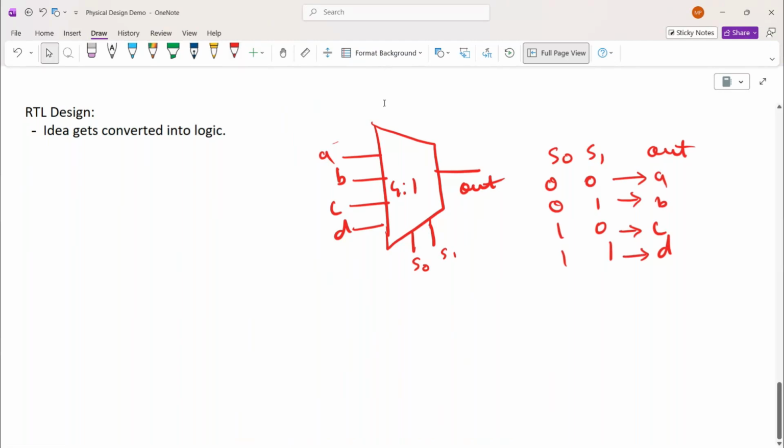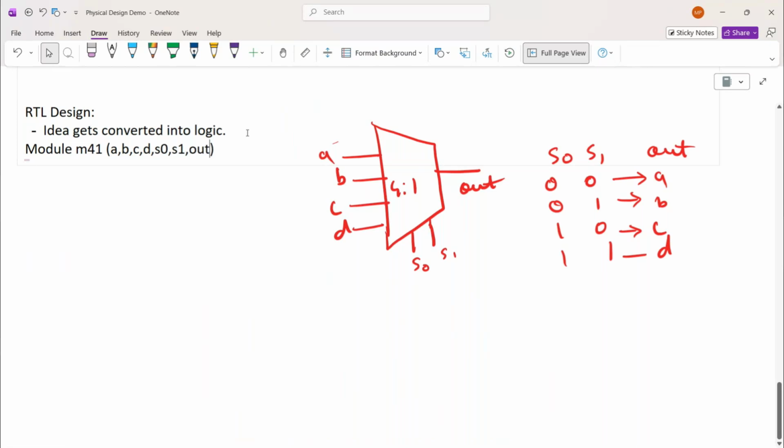If you know how RTL code is written, we actually write a module. So like this, module M 4:1, with A, B, C, D, and S0, S1, and out.